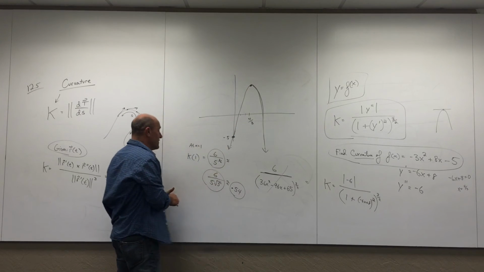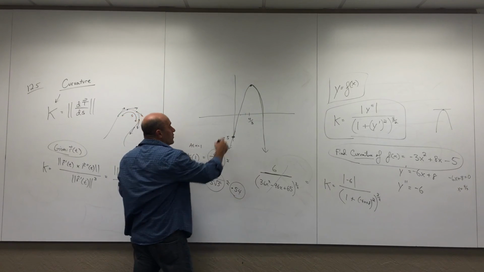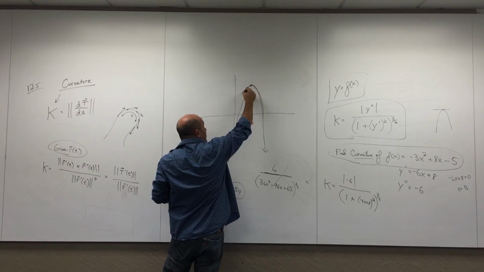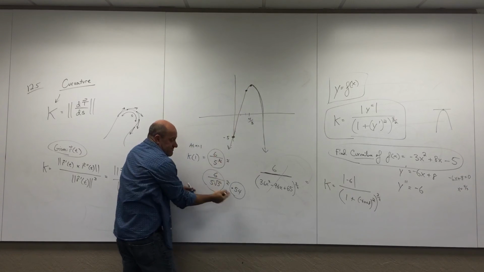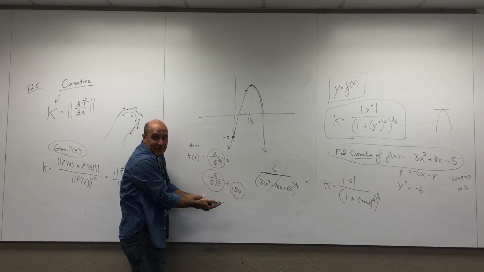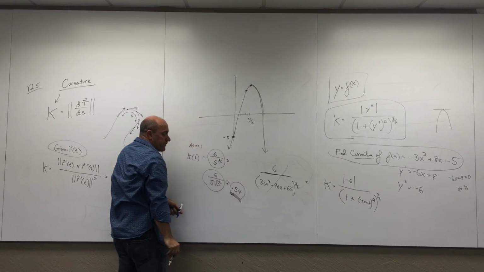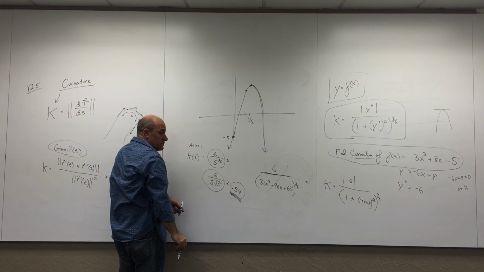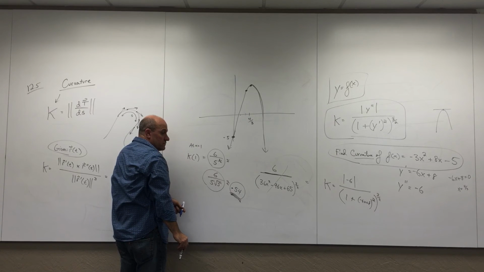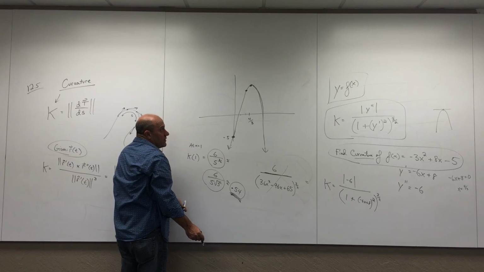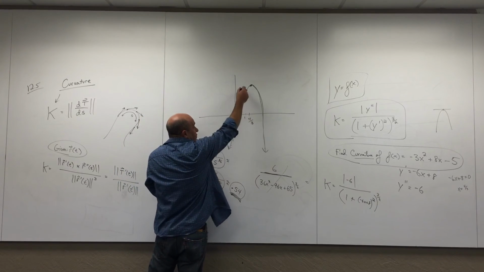I asked for the curvature at 1, which is kind of close to that. So the curvature at 1 was kind of big. I don't know if you call that big or small. It's all relative.